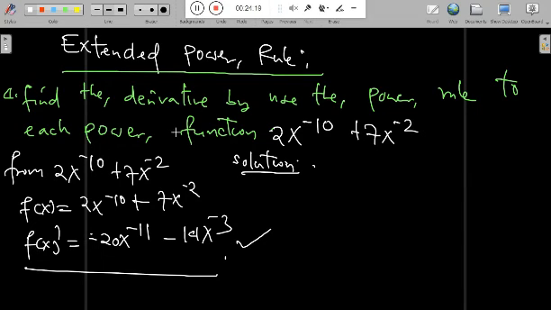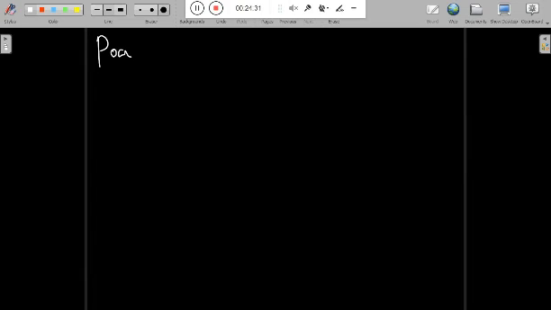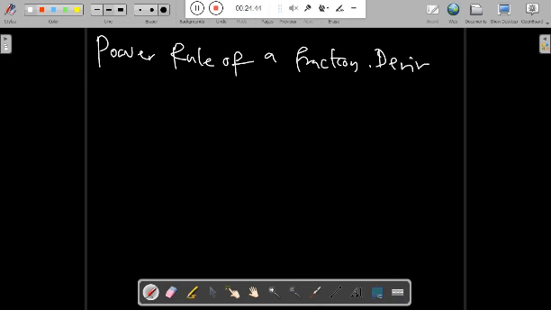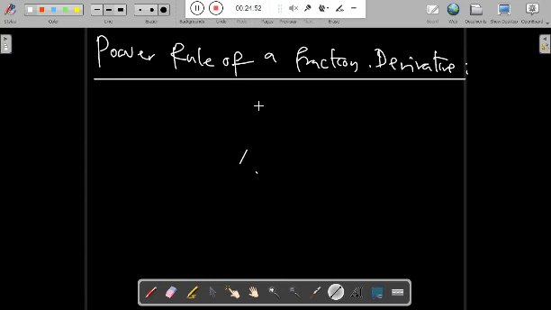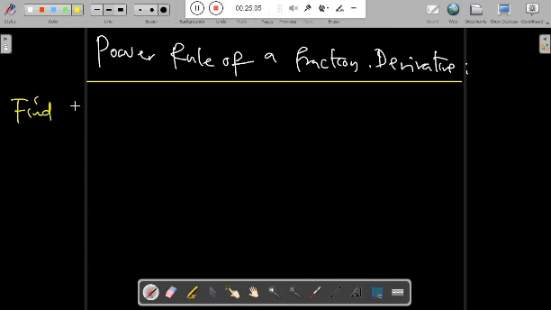Now without any doubt, let's discuss how we can find the derivative of a given fraction function. So this is the power rule of a fraction. Let's look at an example.